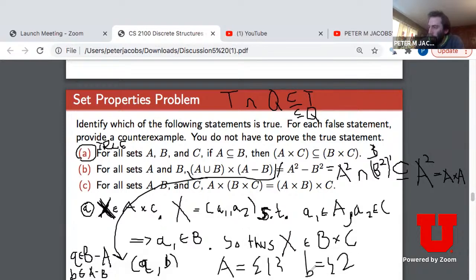Then 2 is in B, it's not in A, so we set Q equal to 2. And little b is in A and not in B, and that's 1. So the ordered pair would become (2, 1). This ordered pair would be in the left-hand side, but it wouldn't be in the right-hand side for the reasons we just described.